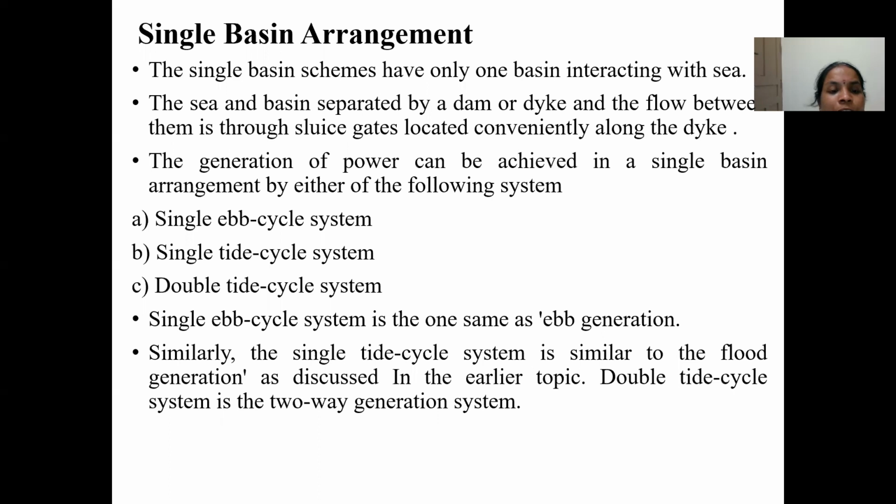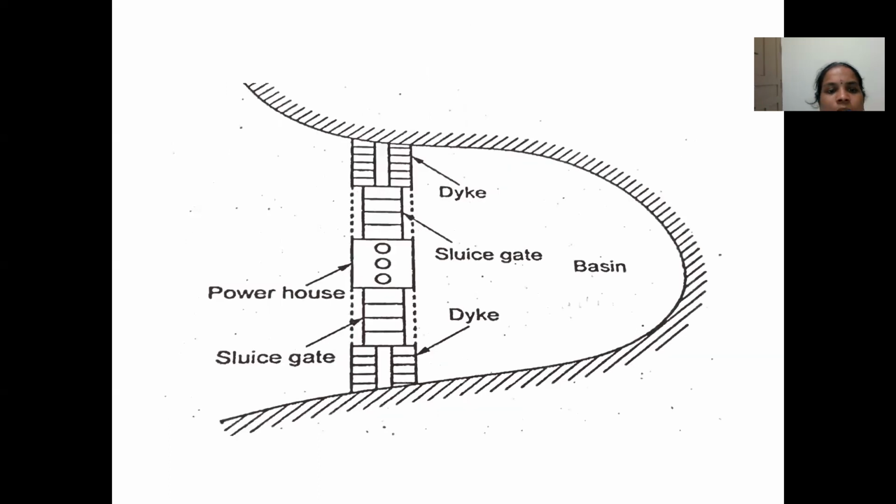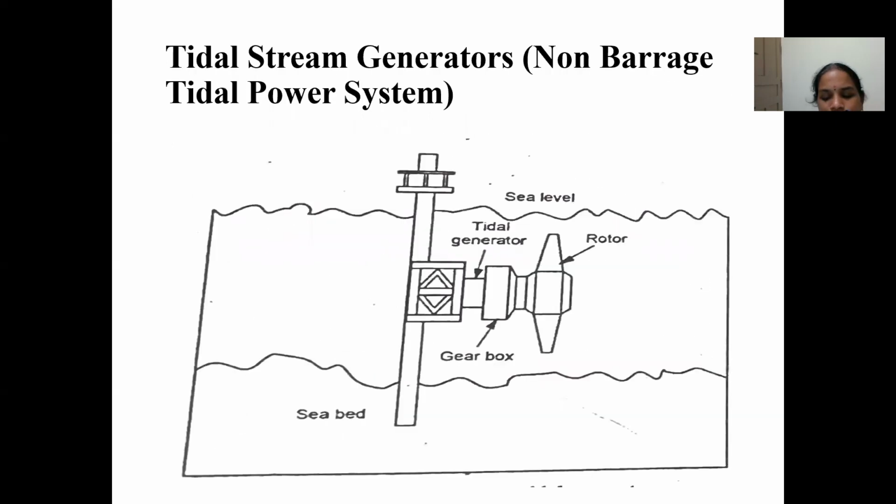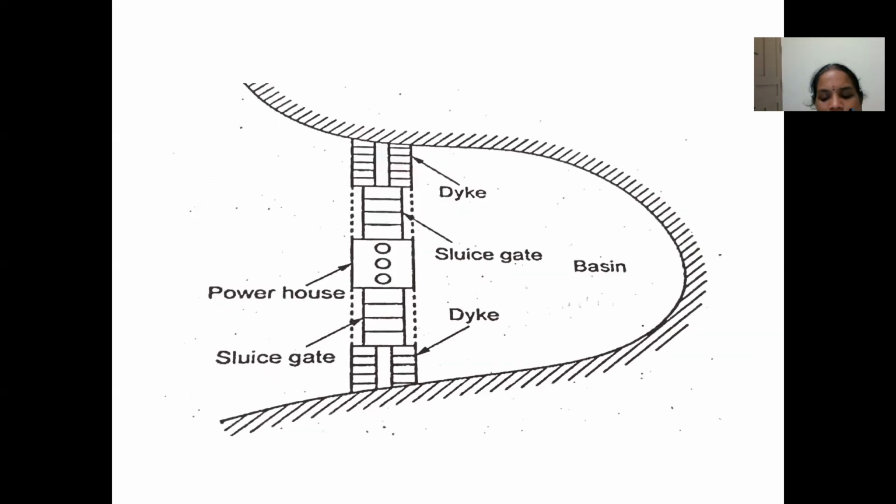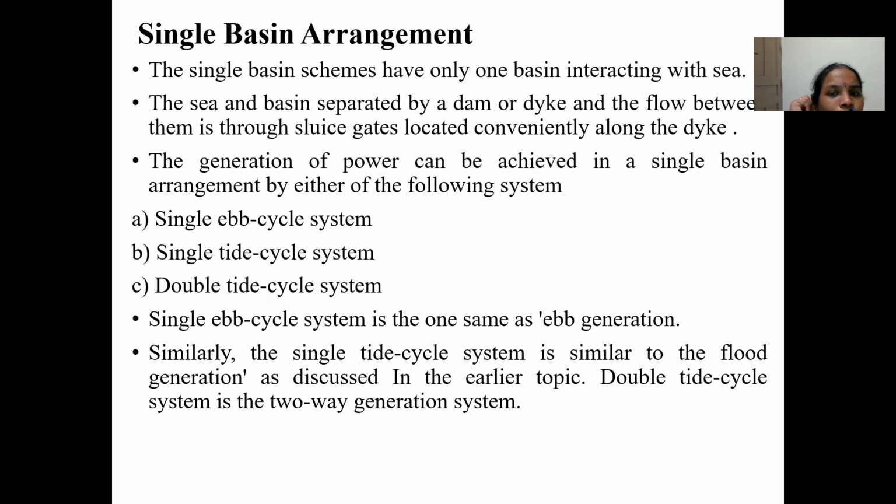There are different types of basin arrangements, which are single basin arrangement and double basin arrangement. In a single basin arrangement, there is only one basin interacting with the sea. The sea and the basin are separated by a dam or dike, and water flows between them through sluice gates located conveniently along the dike.